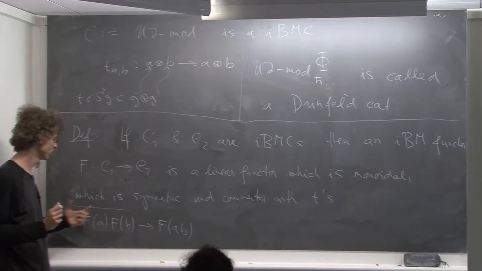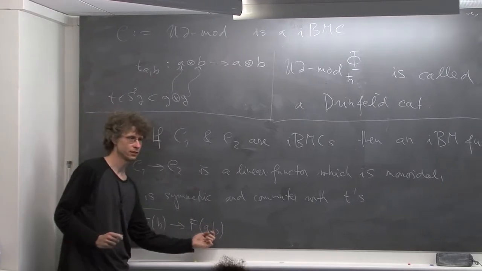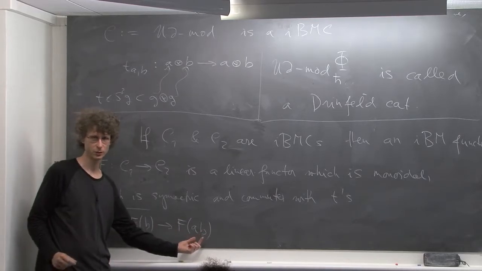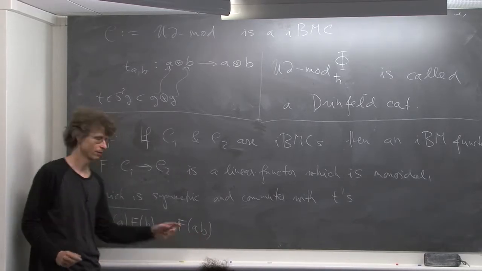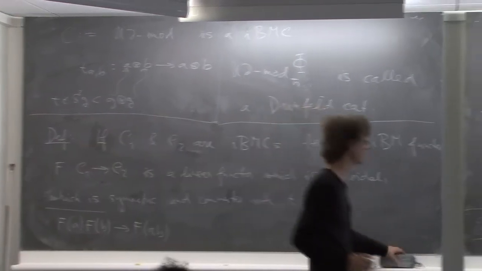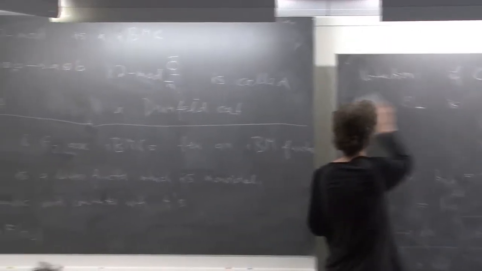And what can we now do? You see, on this side, here in category C1, we have our T's, so we can apply T here and just use functoriality. So maybe let me write it here when there is enough space.